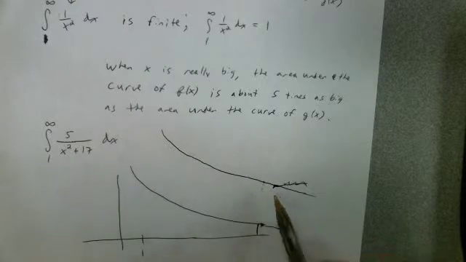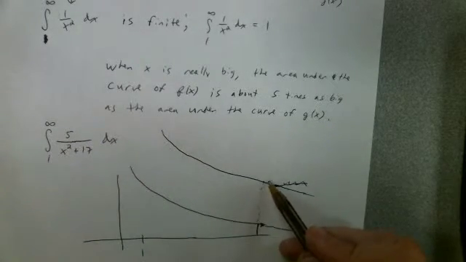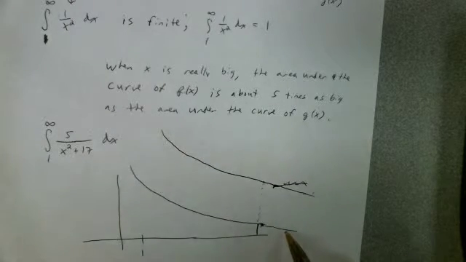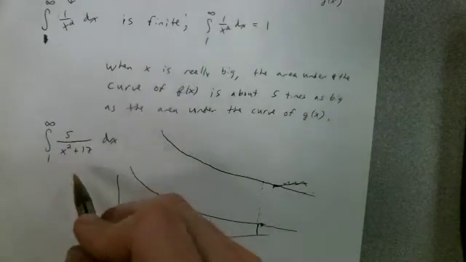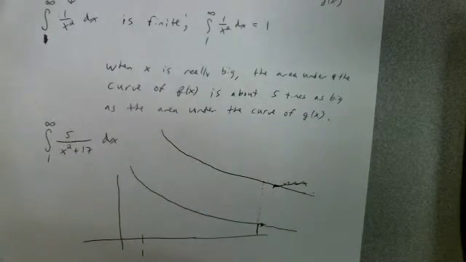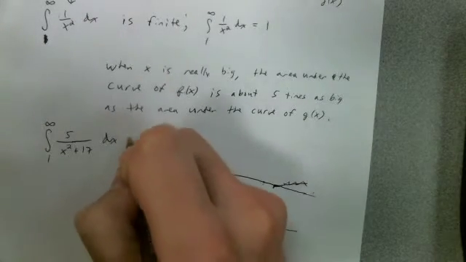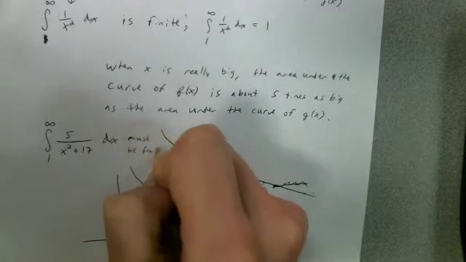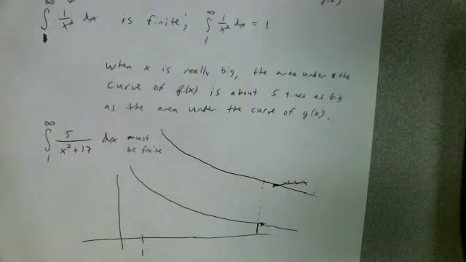The area under the curve of the bigger function, 5 over x squared plus 17, has got to be about 5 times as big as this area. It's got to be a finite number then. So the integral from 1 to infinity of 5 over x squared plus 17 must be finite. So this integral must be convergent.